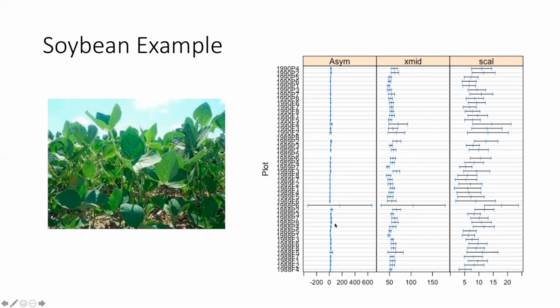Here you see the variation in the asymptote of those soybean plants, the variation in the inflection point, and the variation in the scale. There's one plot here that couldn't be fitted because the algorithm didn't converge, but that's not a problem. And there's one here that you would call a false convergence. It looked like it converged, but the confidence intervals are huge, so that means there was a problem with that plot. But this is not a big deal when fitting this kind of model.